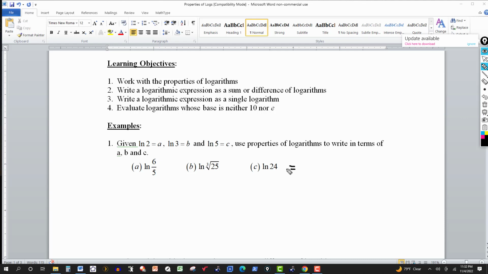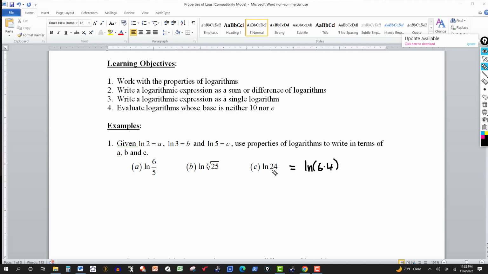Natural log of 24. This can be written as 6 times 4. Now when you have the log, doesn't matter what base it is, when you have the log of a product, you can put this in parentheses like that.